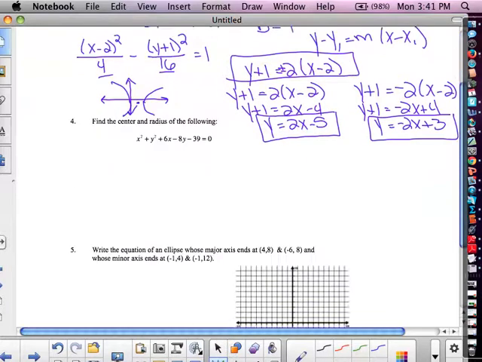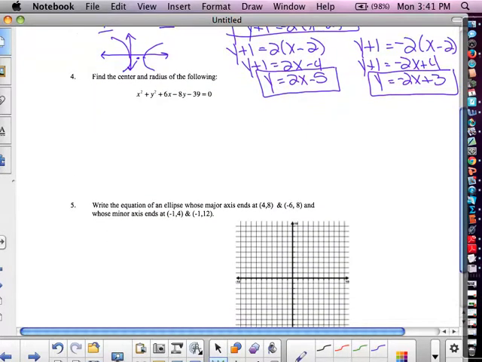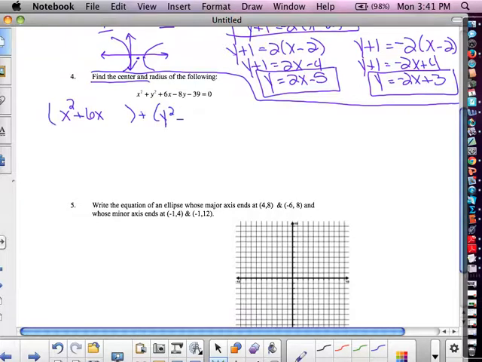Number 4 asks you to find the center and the radius. So on this one, we'll need to complete the square. It's a circle if you're asked for the center and the radius. I have x squared plus 6x, I'll leave a little space, plus then y squared minus 8y, add the 39 to the right-hand side.